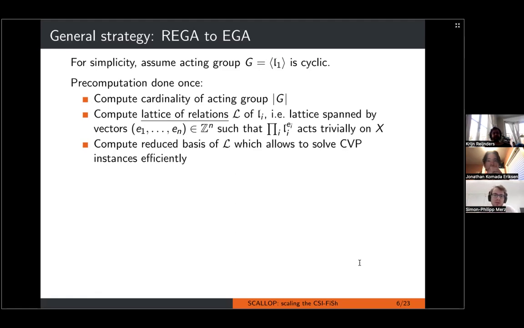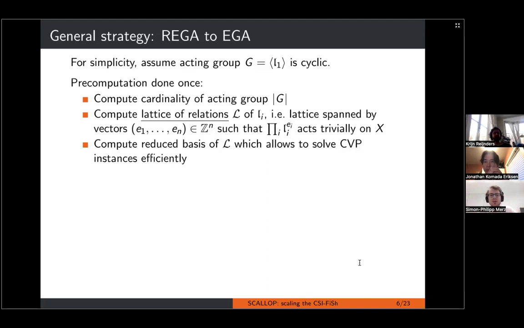So what we should do is to pre-compute the cardinality of the acting group and compute what we call the lattice of relations. The lattice of relations are those exponents of your group elements for which you can evaluate the group action such that the product of the group elements to these exponents acts trivially on X. So they are kind of equivalence relations of your group action.